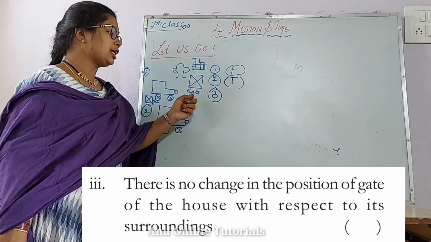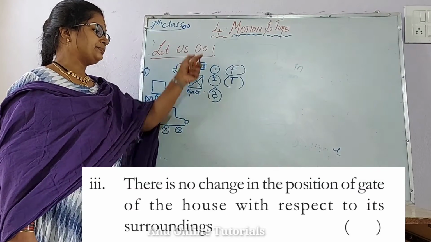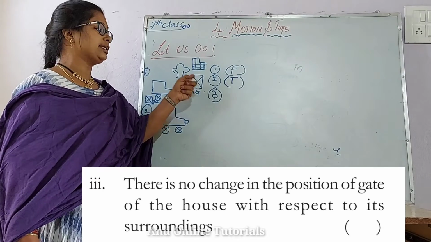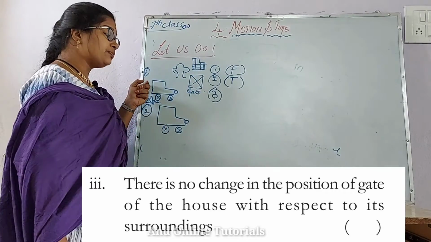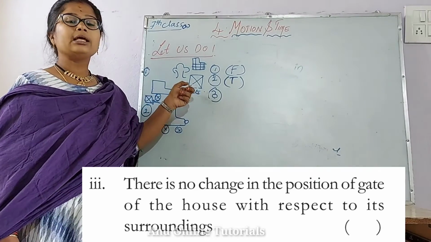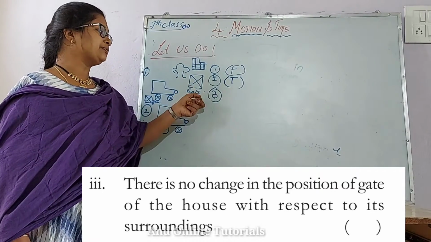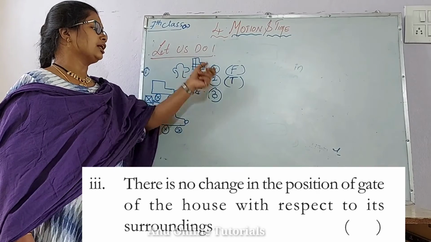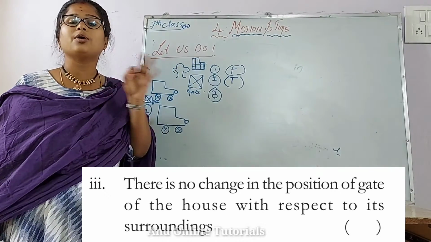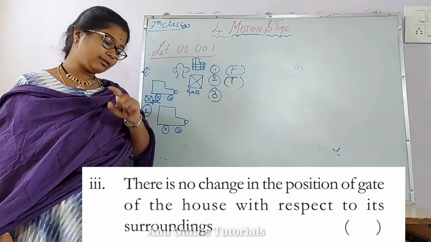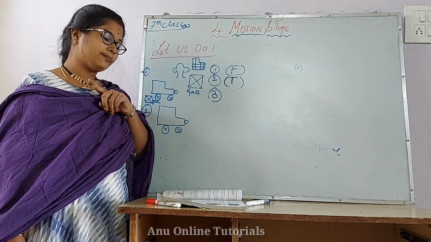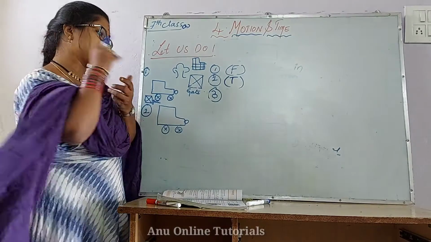With respect to the surroundings of the gate, it is not in motion, it is at rest. But with respect to the car, the gate is changing its position. The question is the same: there is no change in the position of the gate of the house with respect to its surroundings.